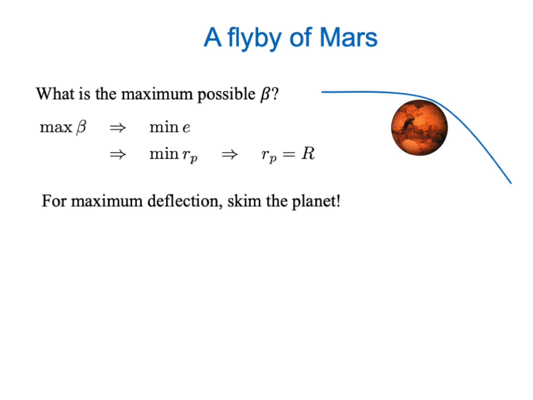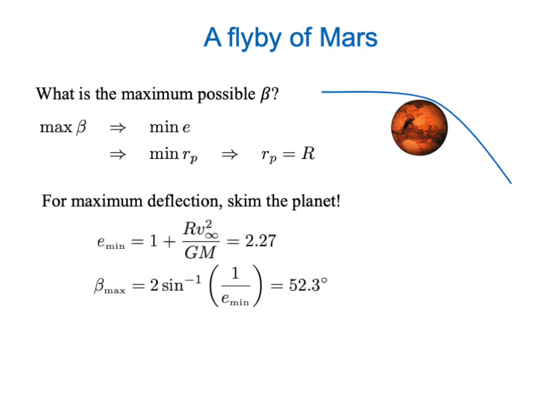In other words, for maximum deflection, we want to just barely skim the planet, just barely clear the planet's surface. Okay, well, where does that leave us? If we find that minimum eccentricity by substituting the planet's radius for the paracenter radius, we get an eccentricity of 2.27. And that means that the maximum possible bending angle for a hyperbola around Mars, approaching at 4,000 meters per second, is 52.3 degrees.